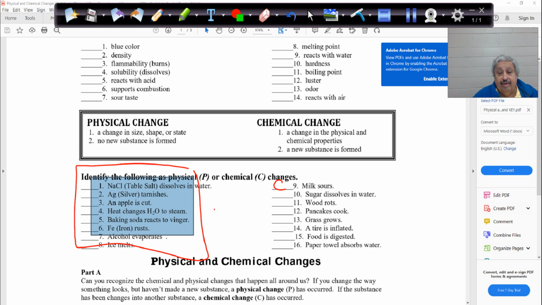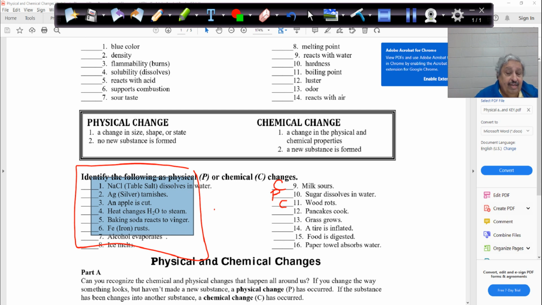Sugar dissolves in H2O, chemical or physical? What do you think? Physical. Solubility is always physical, correct? Now, wood rots, the same thing. Iron rusts, wood rots. What is that? Physical or chemical? That's a chemical. Anything that changes the material itself has to go through a chemical reaction. Anything that changes the original of the material or the matter has to be chemical.